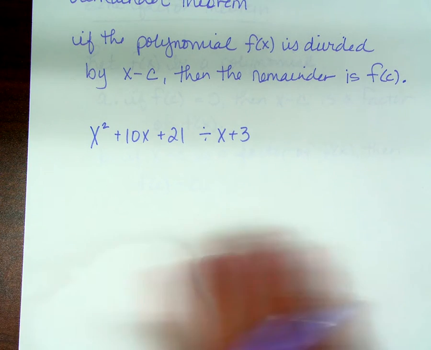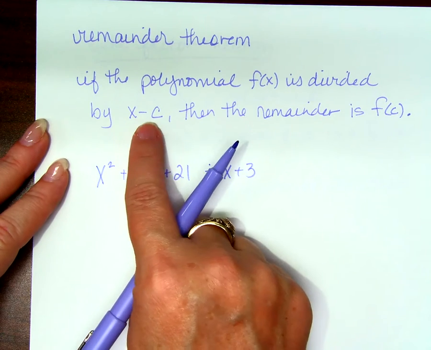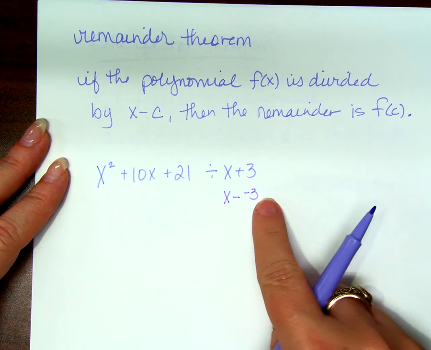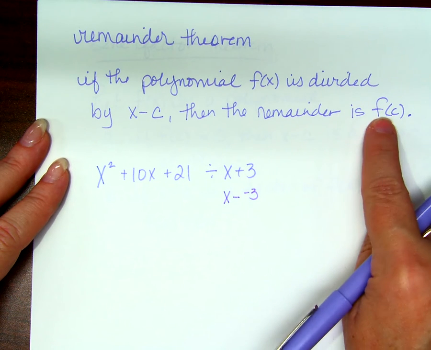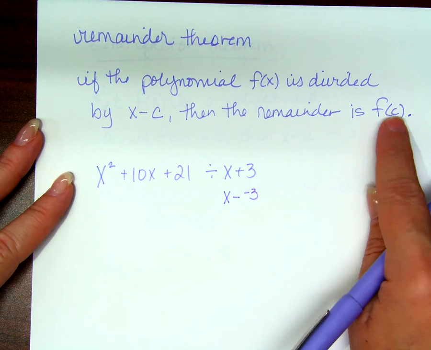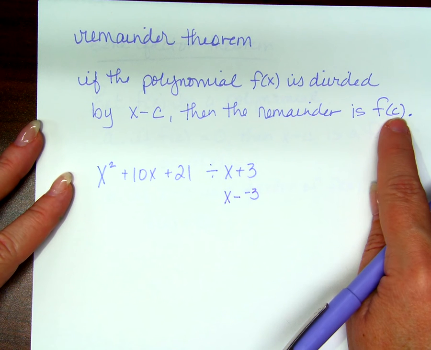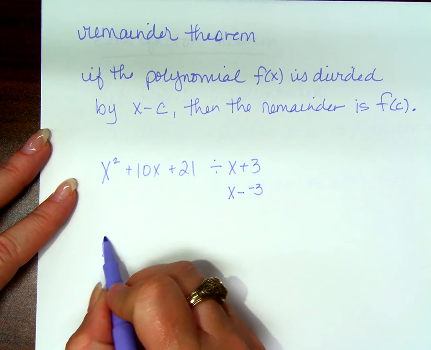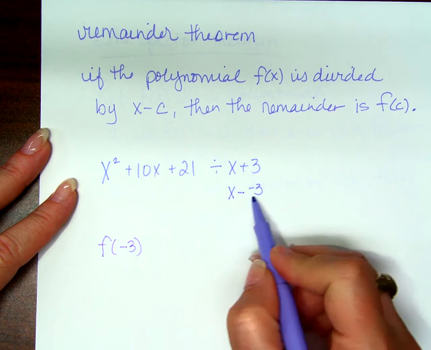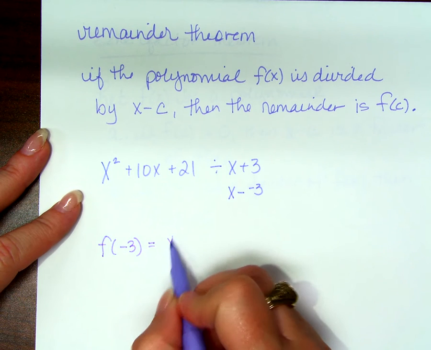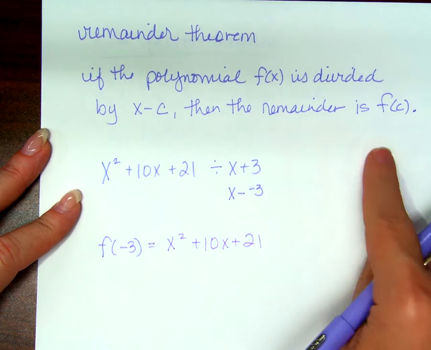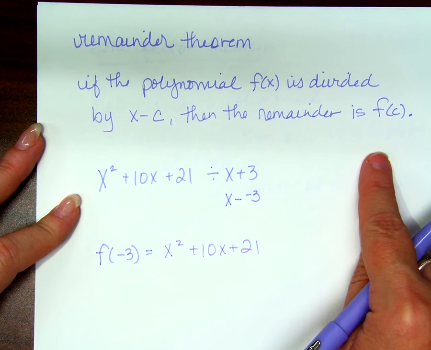What the remainder theorem says is if I'm dividing by x minus c, so this would be x minus a negative 3, right? Then the remainder is f of c. So I need to evaluate the function at c. So if I take f of negative 3 for this problem, for x squared plus 10x plus 21, what this theorem is saying is that my answer should be 0.